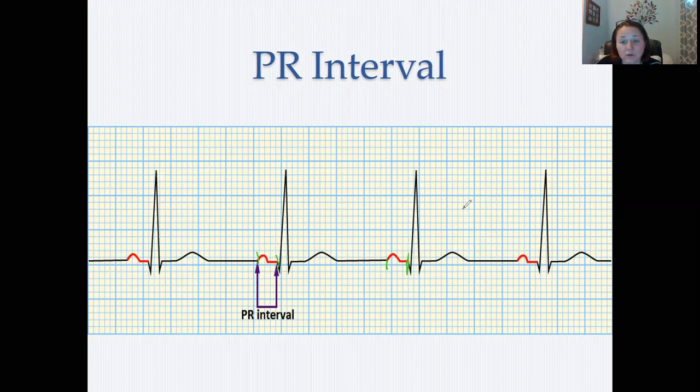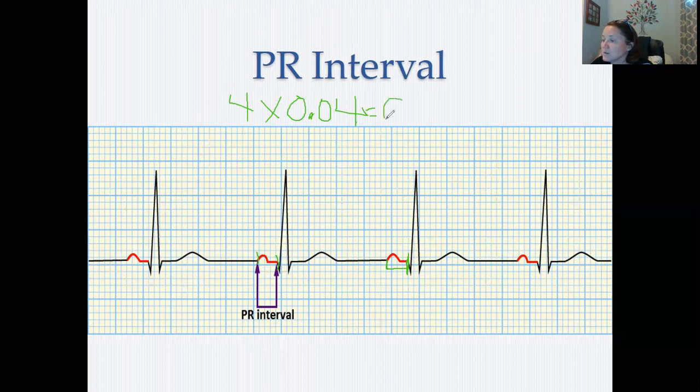What we're going to do is count the little boxes. So here we've got 1, 2, 3, 4 little boxes. So 4 little boxes. Each little box is worth 0.04 seconds. So that is going to equal 0.16.